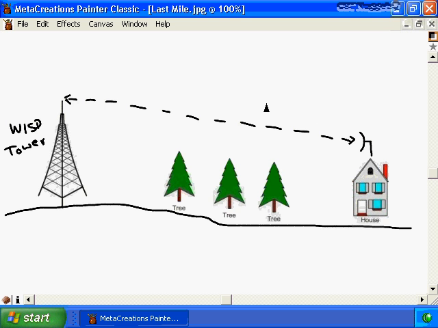So in situations like this, a customer has two choices. They can establish a connection to the Internet either by a satellite connection, or if there's a wireless Internet service provider within reach of their house, they can use the wireless Internet service provider, which is the acronym WISP.